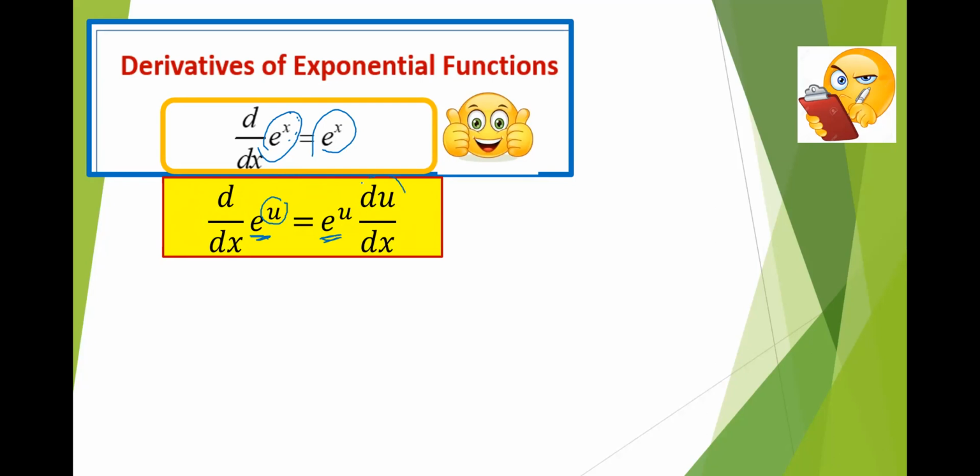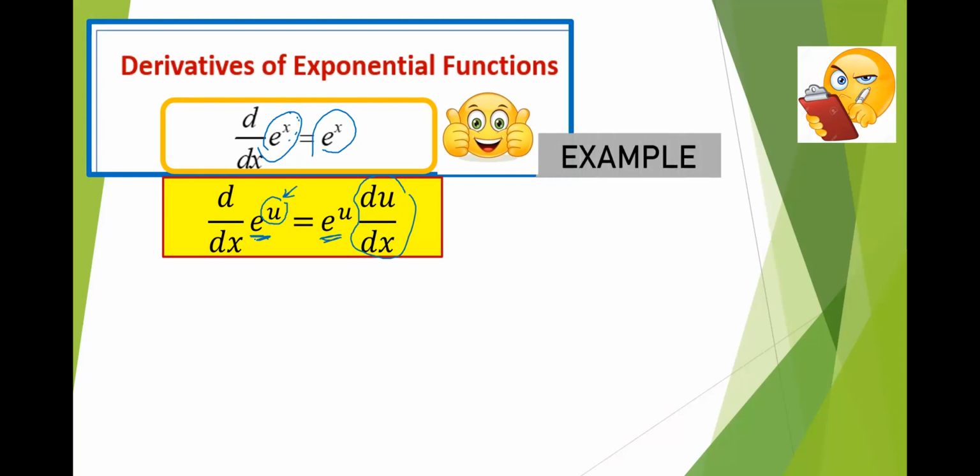But then, may madadagdag pa rin na factor. Ito yung u prime or du over dx, which is coming from the derivative of the exponent that you have. Kung dun sa trigo, ang ating du dx nanggagaling sa derivative ng angle, dito nanggagaling sa derivative ng exponent, which is a function of x or whatever variable you're considering.